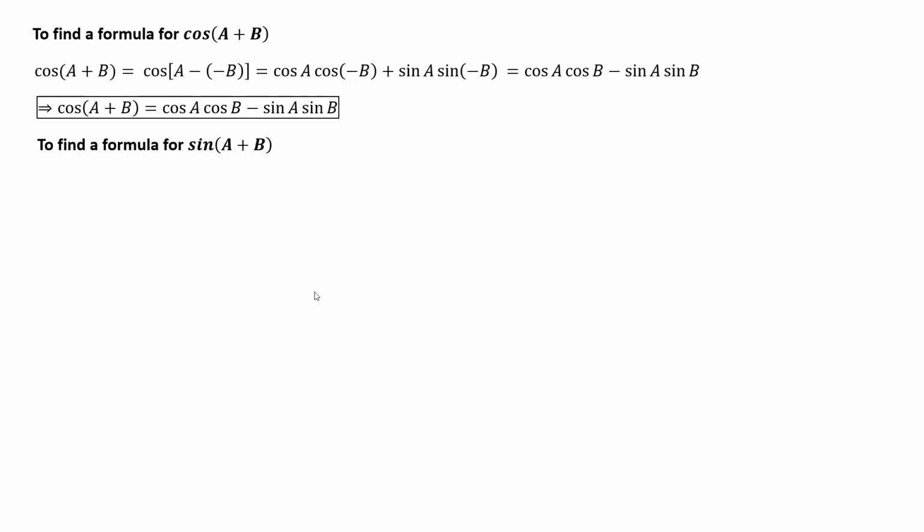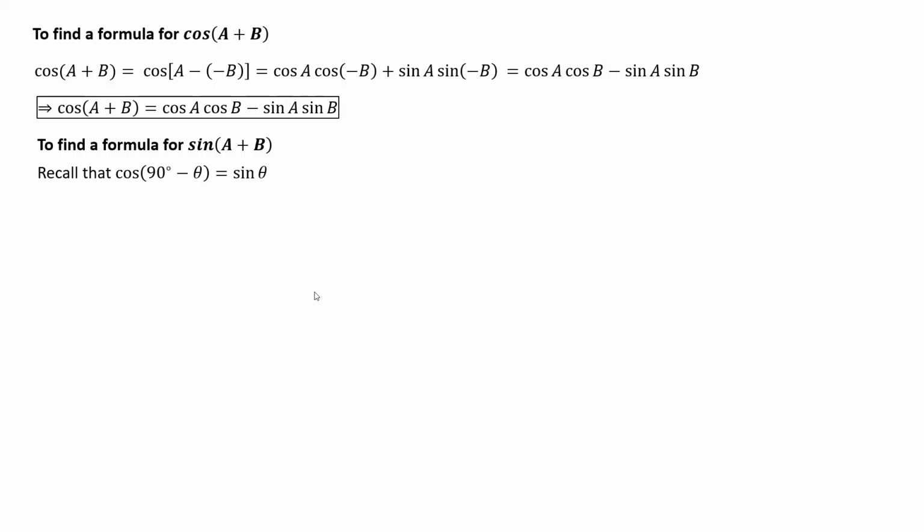Check this out. This is even different. The strategy here is, recall that cosine of 90 degrees minus theta is sine theta. You remember that co-function, sine and cosine are co-functions. That means cosine of 90 degrees minus theta is sine theta, sine of 90 degrees minus theta is cosine theta.